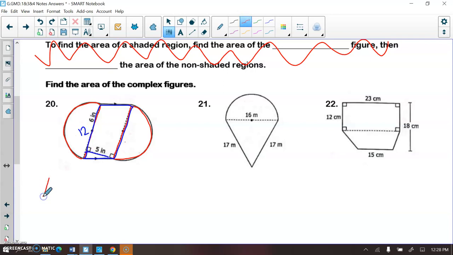So I'm going to find the area of the circle by doing pi times 6 squared. That's going to be 36 pi, which is approximately, if we do 36 times pi on our calculator, about 113.10.